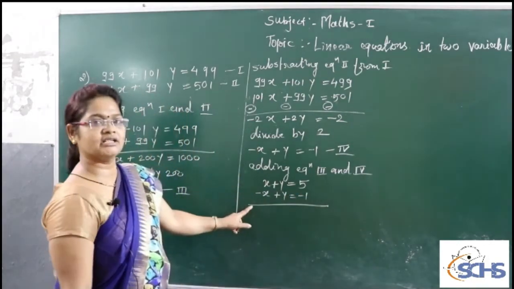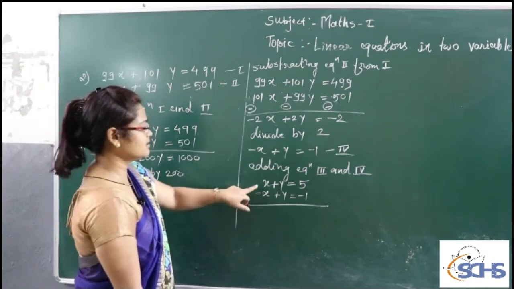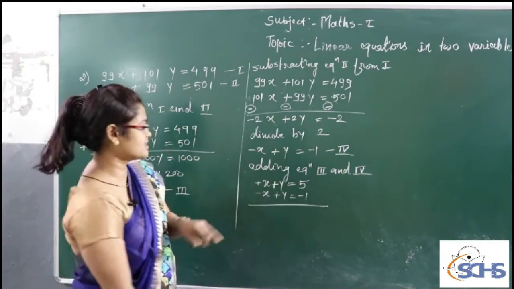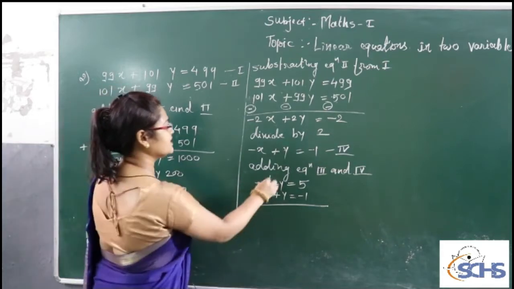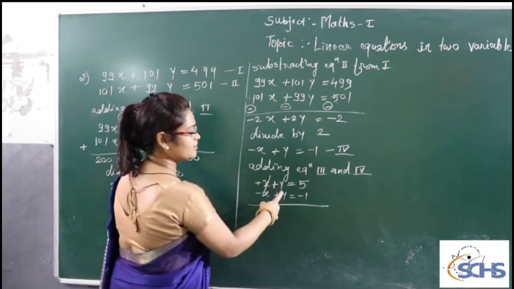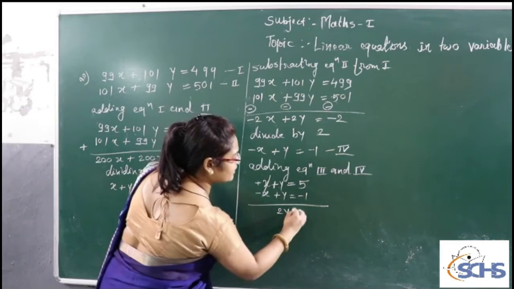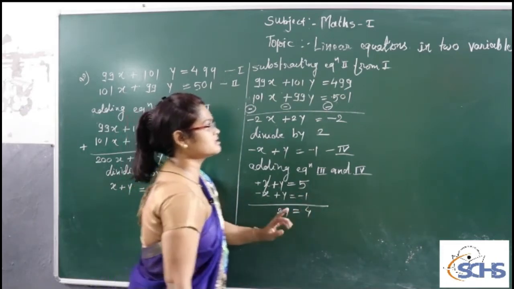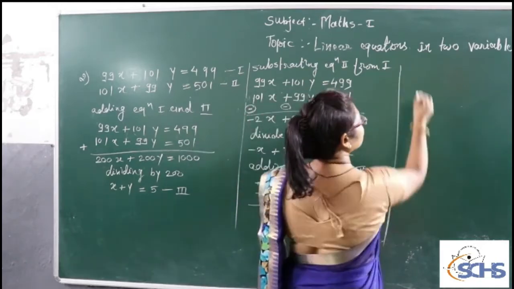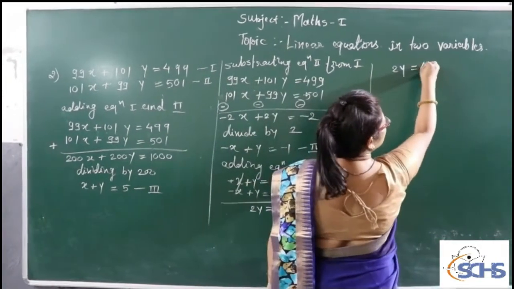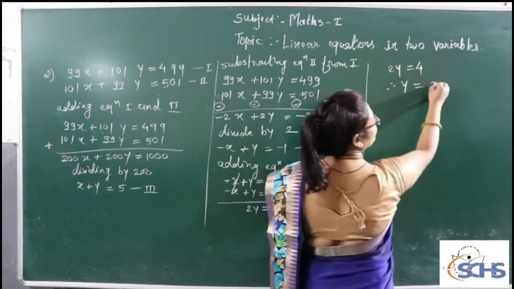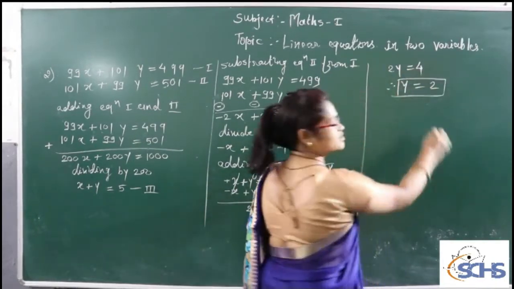We are doing addition, so there is no need to change the sign. Plus x and minus x get cancelled. We get y plus y, that is 2y, and 5 minus 1, that is 4. So 2y is equals to 4. Therefore we get y is equals to 4 by 2. It means y is equals to 2.